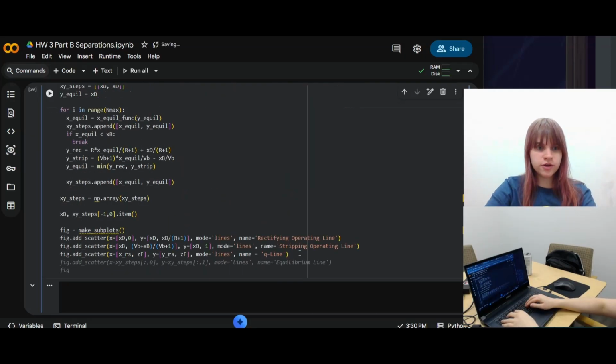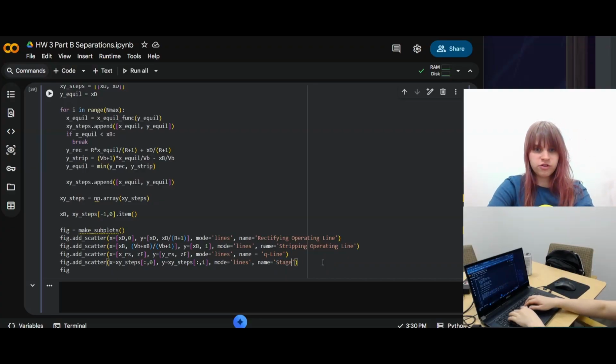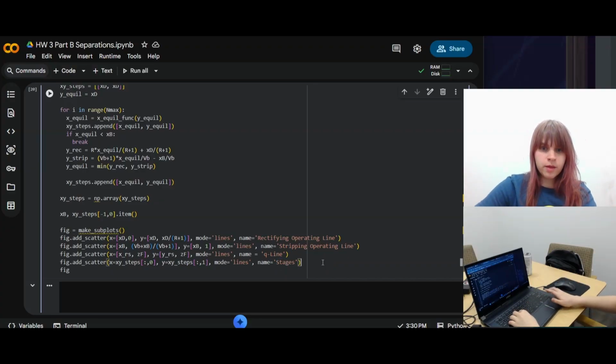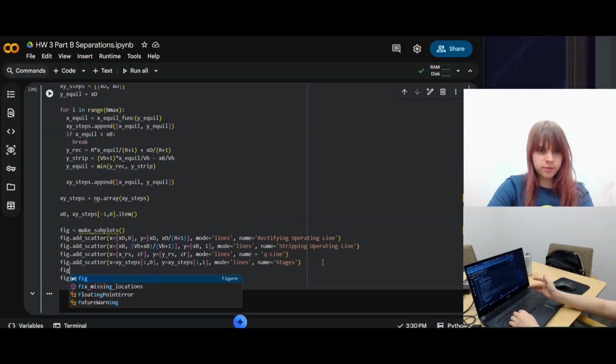Now we want to do our steps, and it looks like Colab knows exactly what I wanted to do. So we're doing our steps from the beginning. It just named this incorrectly. This is not the equilibrium line. This is our stages. But we do need the equilibrium line, or I should say equilibrium curve.